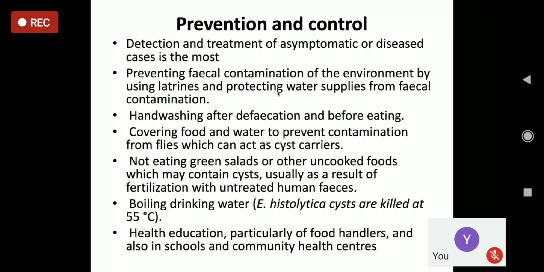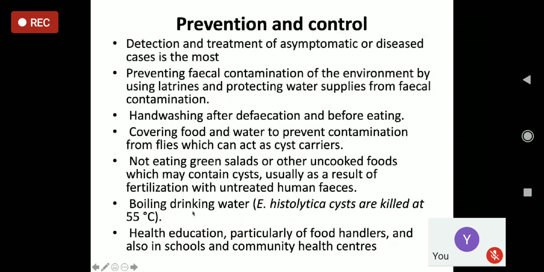There is no vaccination, and there are no prophylactic medications for the prevention of amoebiosis. The main preventive measure is control of the source. The source is the asymptomatic carrier and the infected person. That is the main control. The second point is proper disposal of the fecal material, which means a proper sewer system and proper water sanitation.